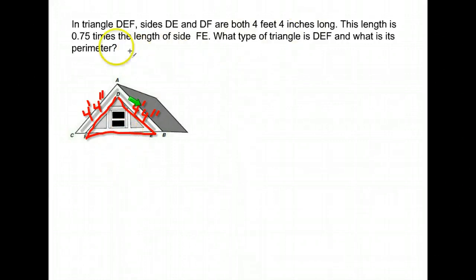The length of FE is 0.75 that. So the first thing again that we have to do is change this 4 feet 4 inches into just inches. How many inches would 4 feet 4 inches be?